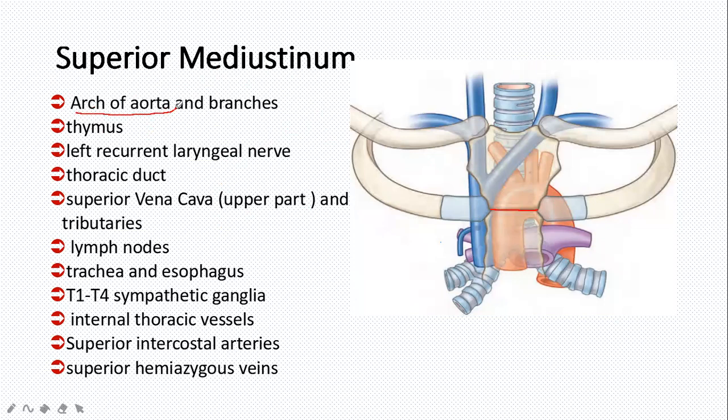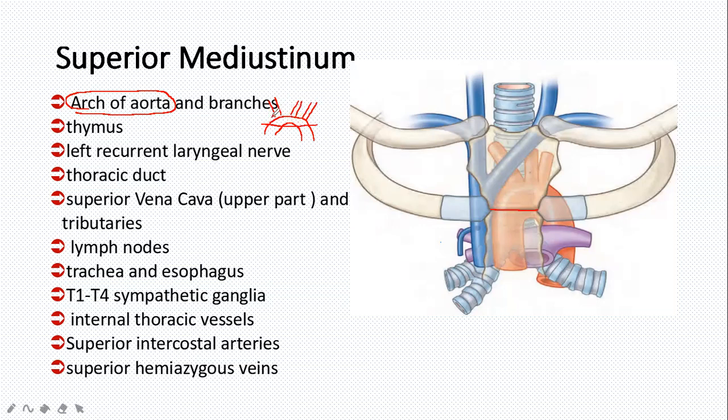So if a question asks which components of the aorta are within the superior mediastinum, and they say the ascending aorta, it's false. If they say the descending aorta, it's also false. What we only see is the arc of the aorta within the superior mediastinum, and its branches. It's 3 branches.